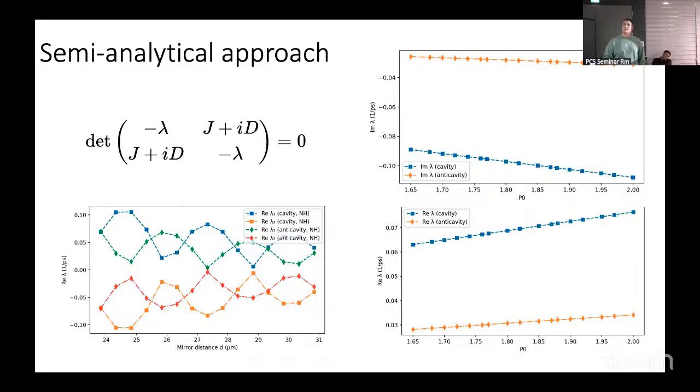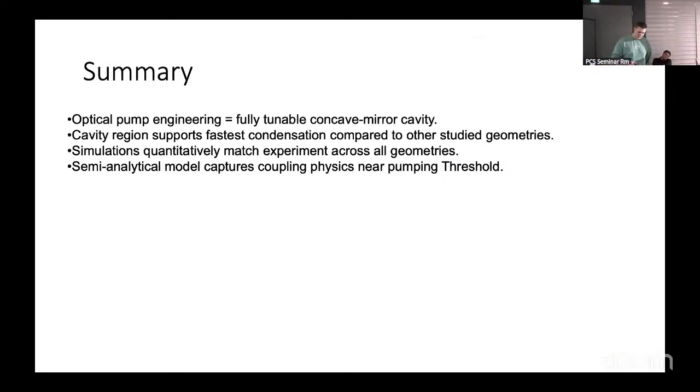Okay. Now we need to summarize. We used a tunable concave mirror excitation scheme. We observed from experiment, from simulations, and from some semi-analytical calculations that the cavity scheme supports faster condensation than the anti-cavity.